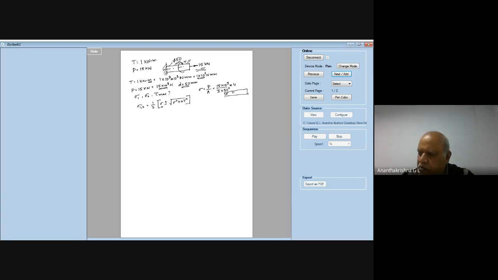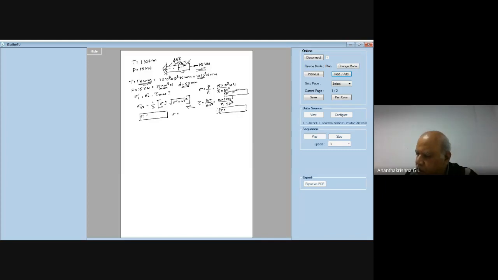Then it is subjected to a torsional moment of 1 kilonewton meter. Therefore tau is equal to 16T by pi d cube, which is 16 into 1 into 10 power 6 divided by pi into 50 cube. You find out tau. So find out sigma, find out shear stress, substitute them into the combined loading equation and get sigma 1 and sigma 2.